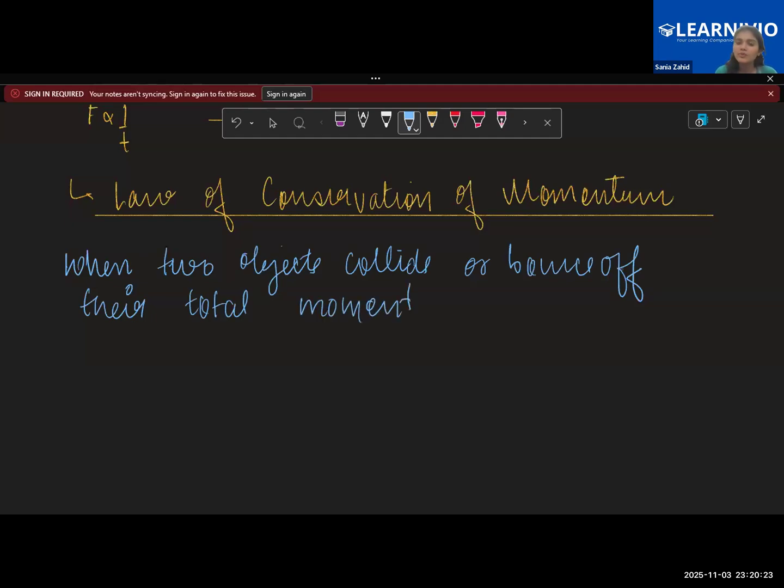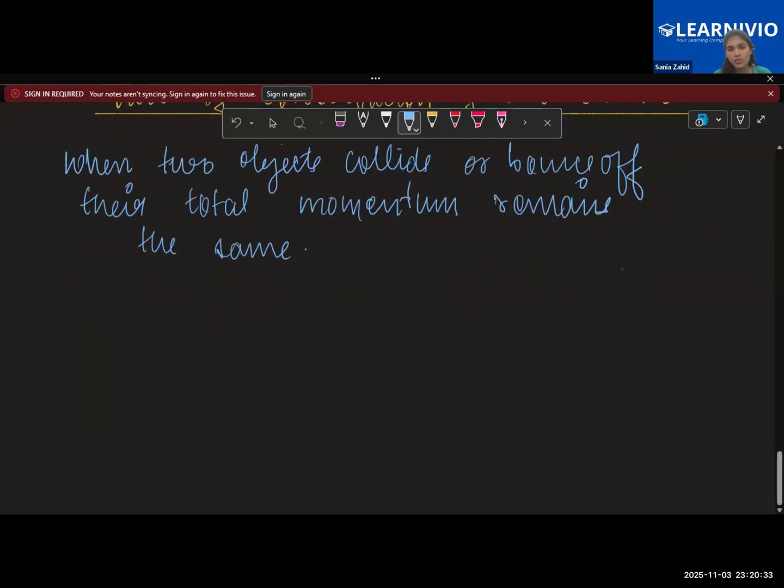What does this mean now, Vivan? What do you understand by this line? For example, there is an object moving in this direction, and there is another object. This has mass m1, this has mass m2, and they collide.